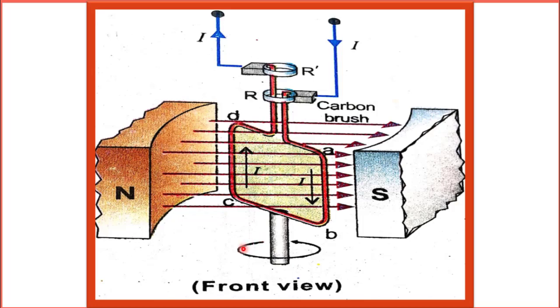Here we are rotating the loop with constant angular velocity omega in the anti-clockwise direction, and the loop is rotated about the z-axis. The plane of the loop is making a certain non-zero angle with the magnetic field lines. We shall calculate the motional EMF induced in each side of the loop.